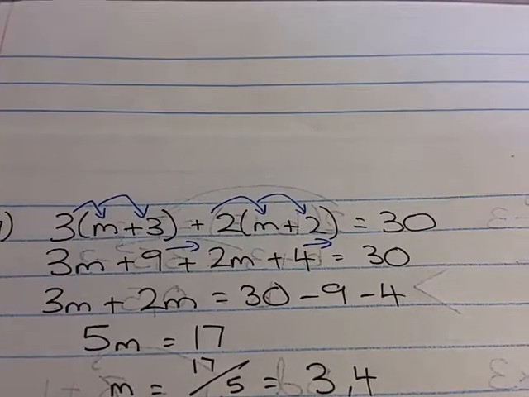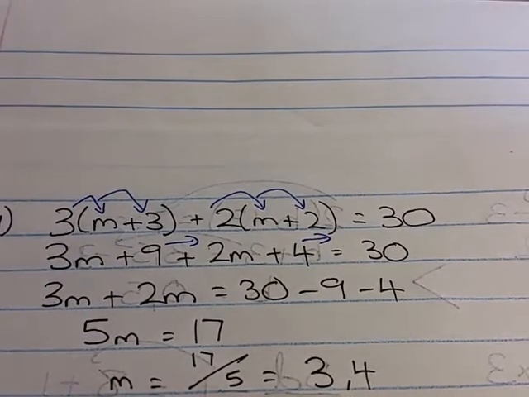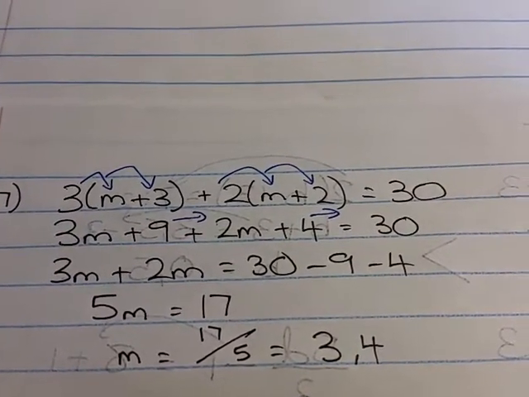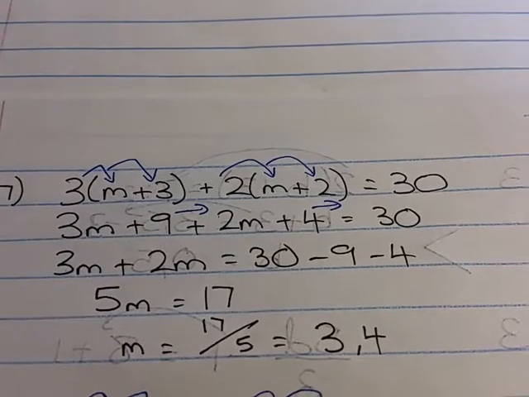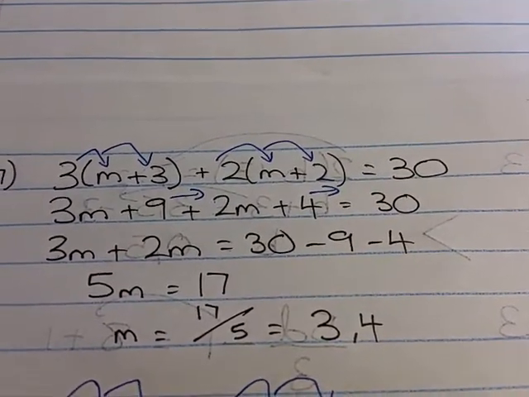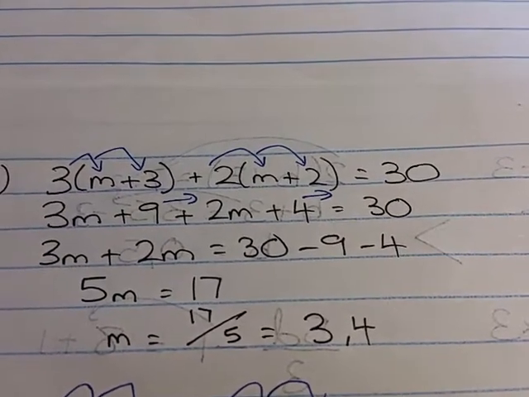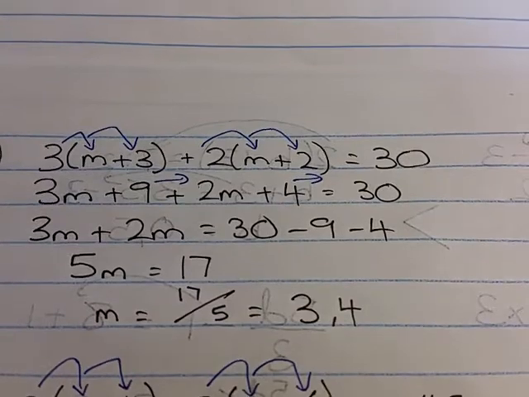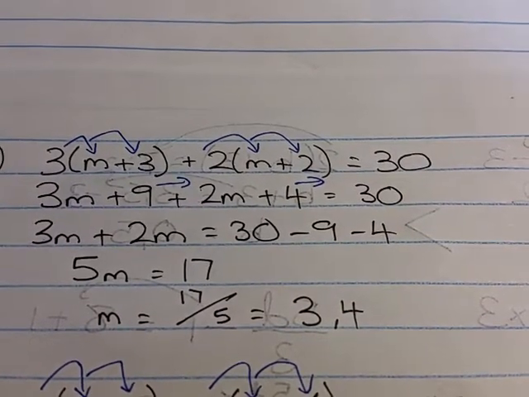And then 2 into m plus 2 gives you plus 2m plus 4, all equaling 30. Keep the m's there and move the numbers to the right-hand side. 3m plus 2m gives you 5m. 30 minus 9 is 21. 21 minus 4 gives you 17. Therefore, m is 17 divided by 5, which is 3.4.